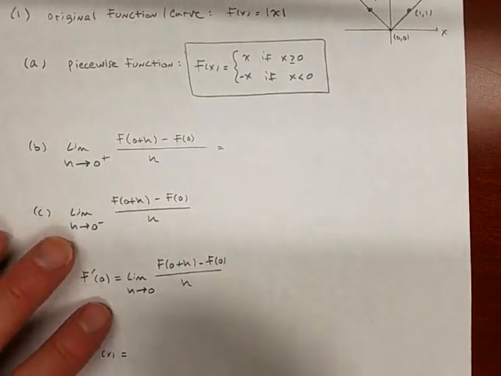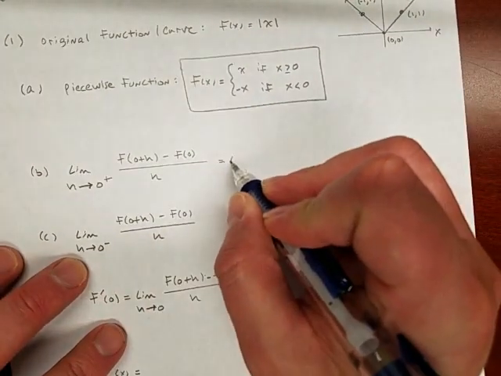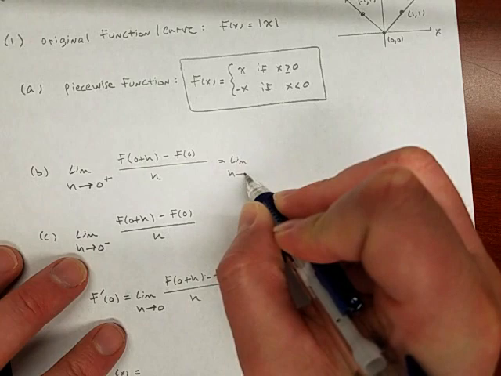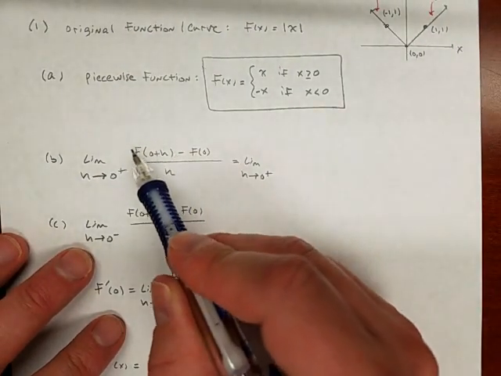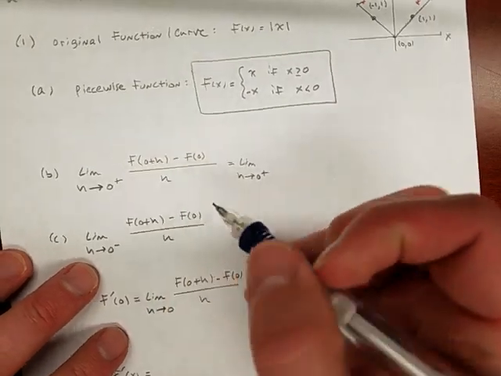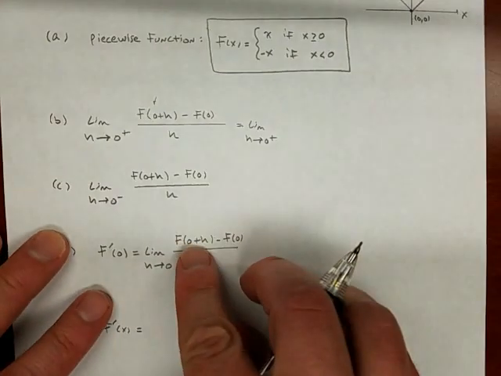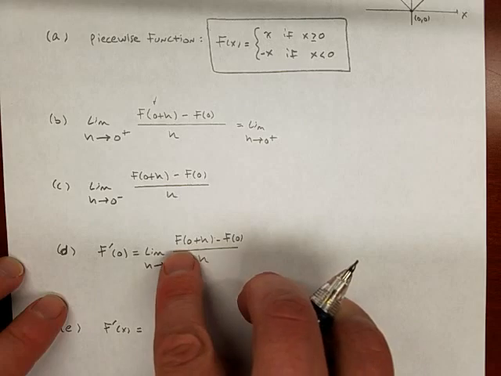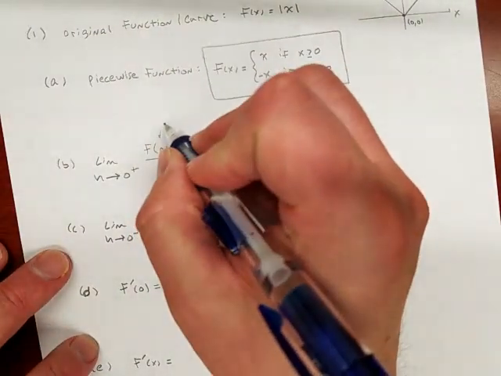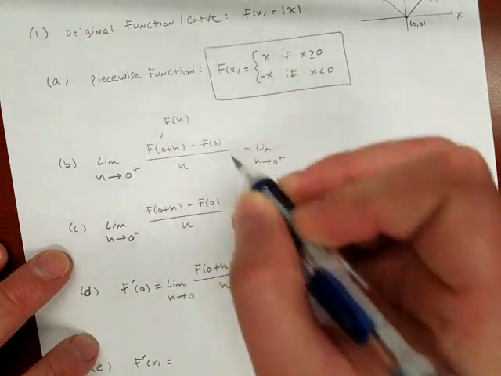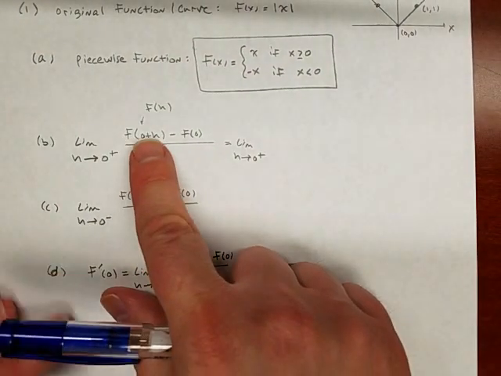So let's say limit as h goes to 0 from the right. What's f of 0 plus h? That's what we write because that's what the original definition said: f of x plus h minus f of x, all that. But isn't this just f of h? 0 plus h is h.